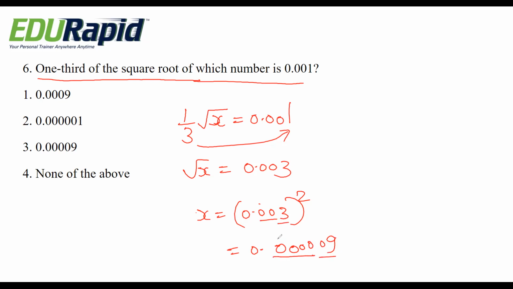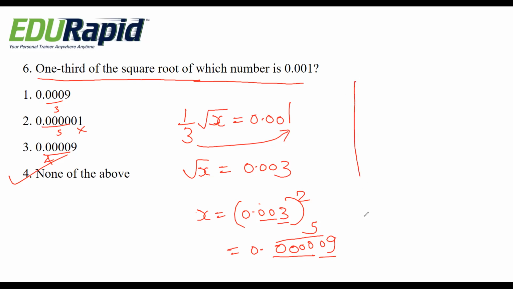For 3 squared it is 9. So option D, none of the above, is the right answer, because after the point it is 5 zeros. So here it is 3 zeros, here it is 5 zeros, but the last term is 1, here it is 4 zeros. So none of the above is the right one.